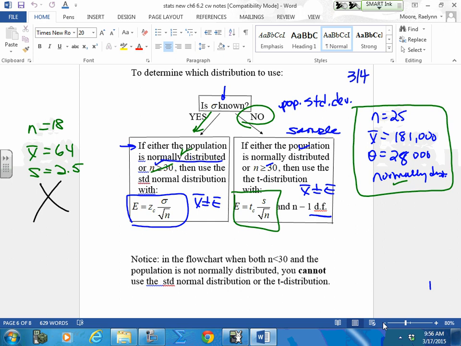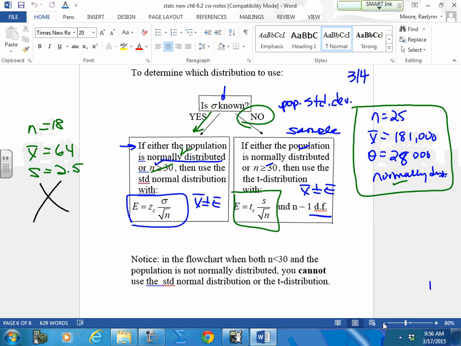They won't say it's not normally distributed, they just won't tell you that it is. So I took it out of the problem. We check the n, it's not greater than or equal to 30. But if they didn't tell us it was normally distributed, I can't assume that it is. So therefore, I'm going to have to say, can't use either one. Okay?